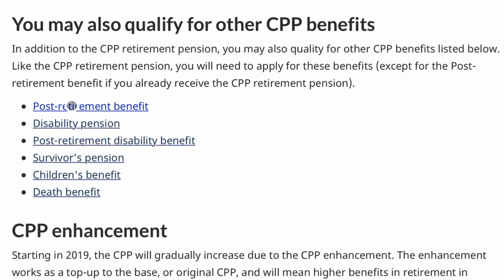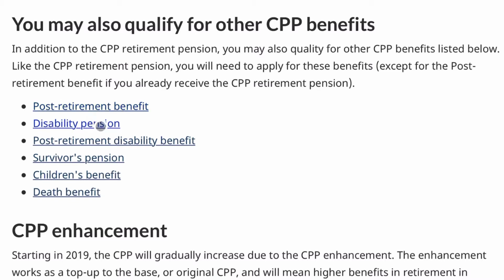There's the post-retirement benefit. That's if you had already started collecting your CPP, but then for whatever reason you became disabled. You typically can't get a disability CPP pension if you've been collecting regular CPP for 15 months or more, but you can apply for the post-retirement benefit to get something similar to the CPP disability.